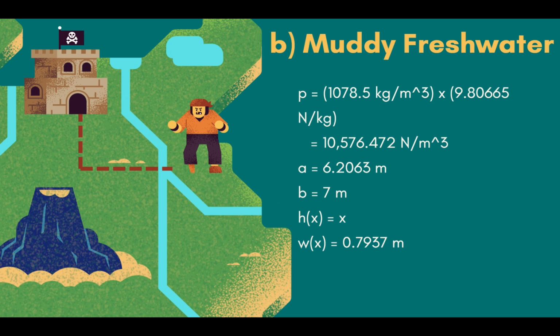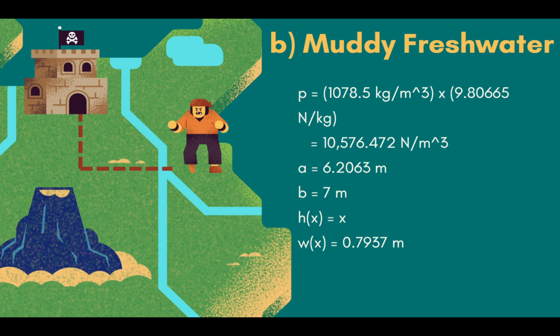Before continuing, let us write down the known values. The density, rho, is 1078.5 kg per meter cube, and when multiplied by the acceleration due to gravity, 9.8 meter per second squared, we obtain the specific weight of the fluid, which is 10,576.472 Newton per meter cube.